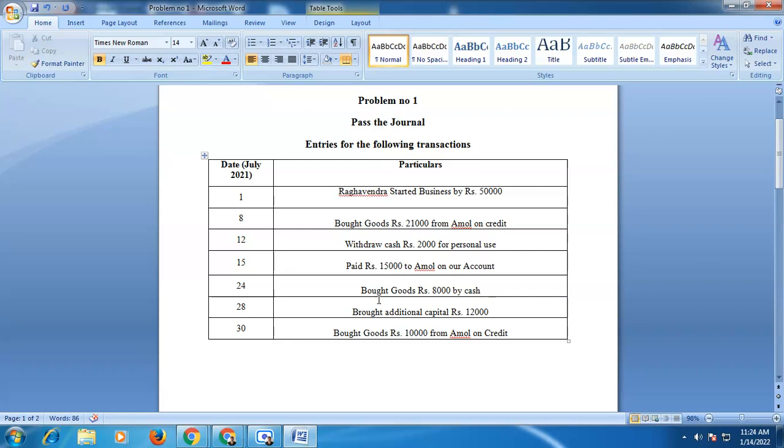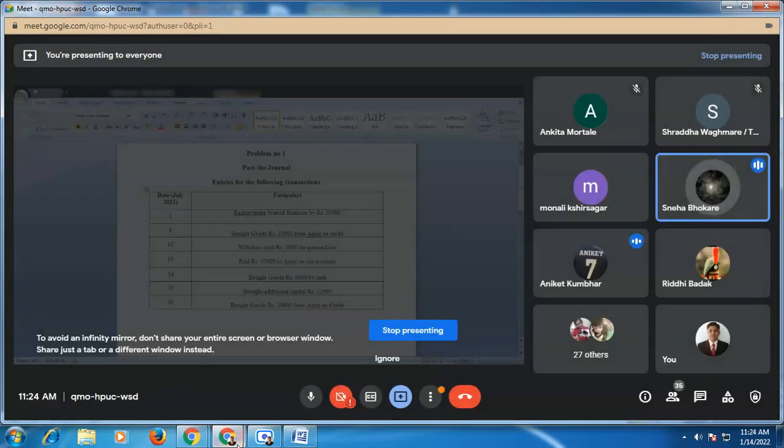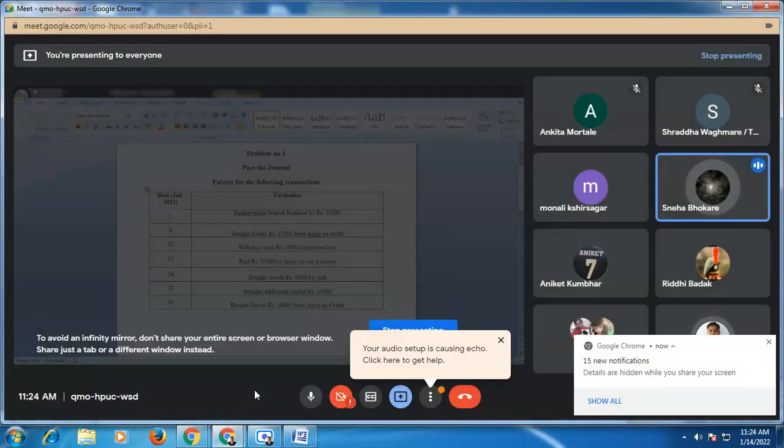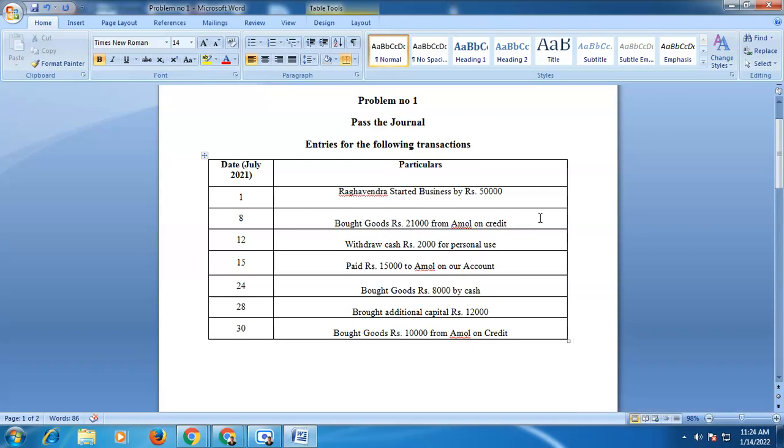Hello, students. What is the rule? Here we indicate that 50,000 is cash. Okay, so cash is a real account. And what is the rule of real account? Goes out.